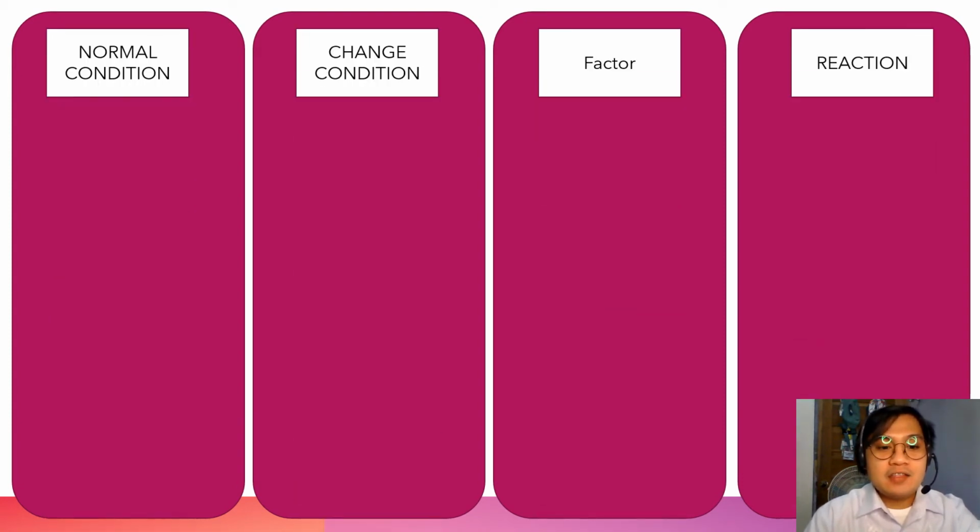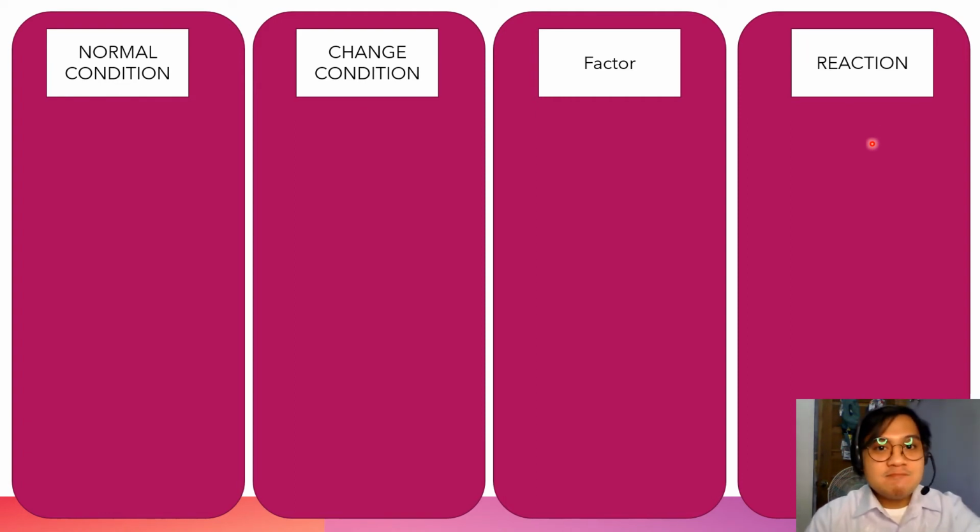You have the normal condition, changed condition, the factor affecting the chemical reaction, and of course, the rate of reaction. You can pause for a while as you answer the particular substances, and then when you are done, you can proceed to the next substance and so forth.